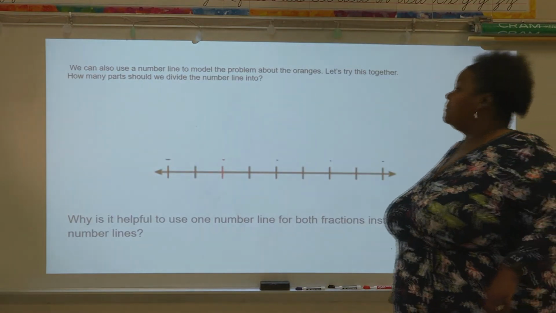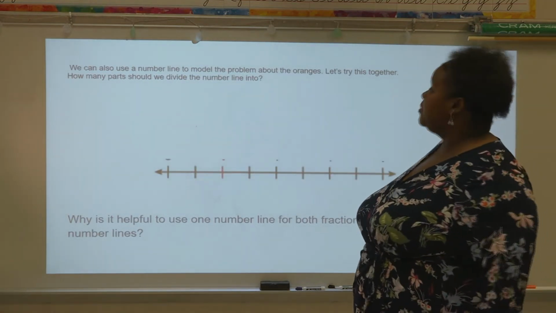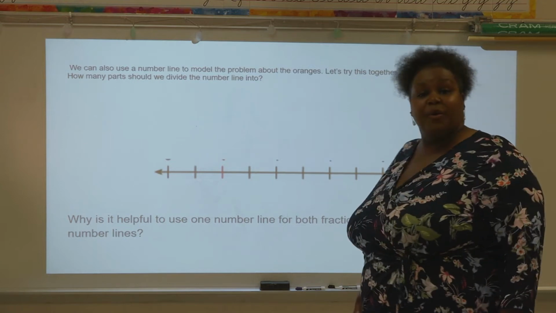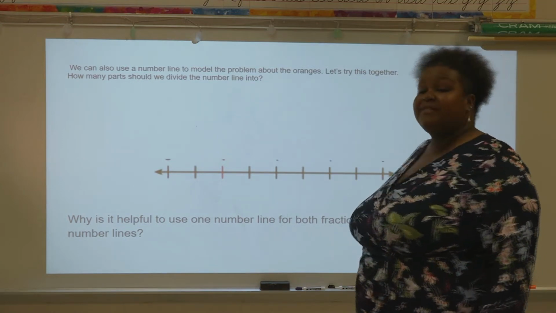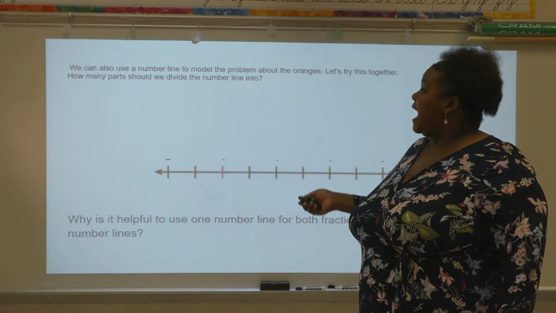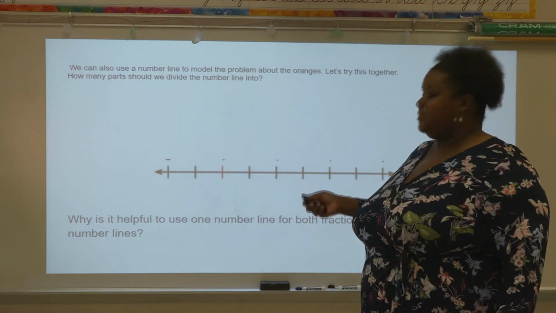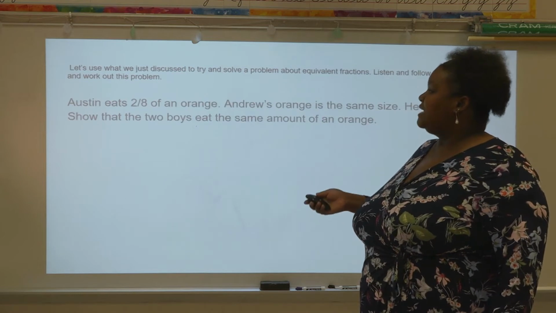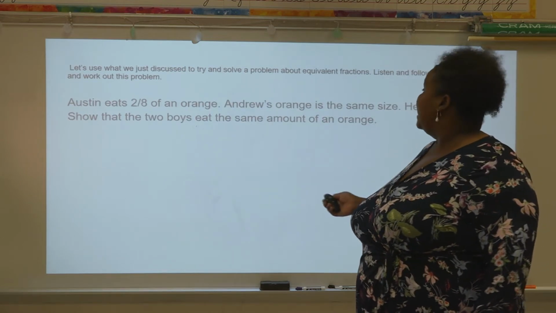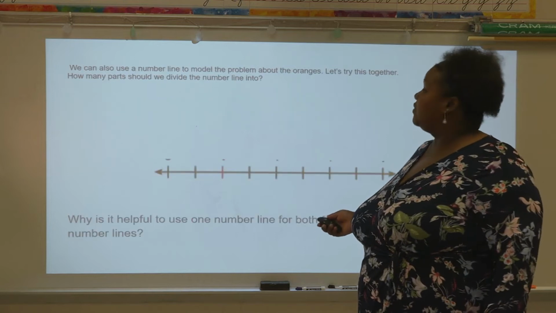Let's go to our next problem. We can also use a number line to model the problem about the oranges. Let's try this together. How many parts should we divide the number line into? Now, Austin eats 2/8 of an orange, and Andrew eats 1/4.